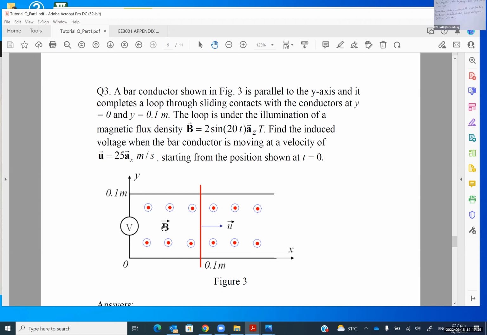Okay, so next thing is we have this loop right here. Because all these are conducting wire, however, this loop area is changing with time, right? Because this bar here is moving at a velocity of 25 ax, meaning its area is increasing by 25 meters per second, this x value.